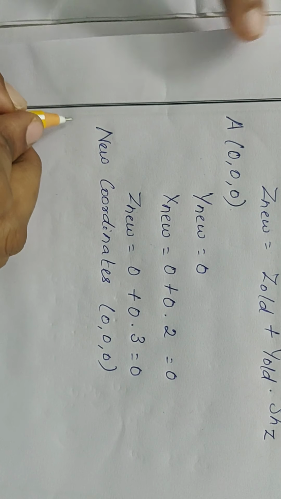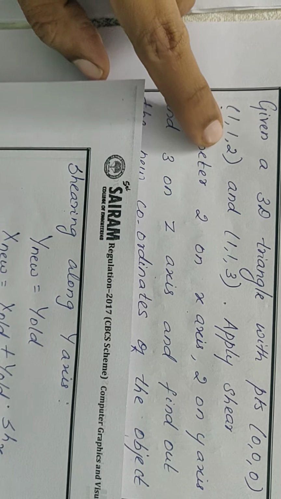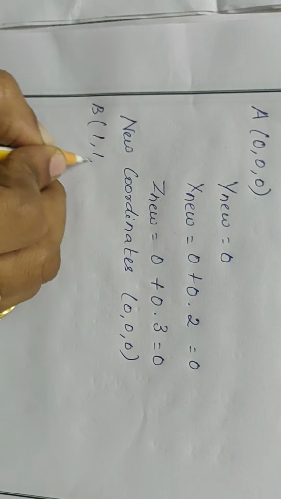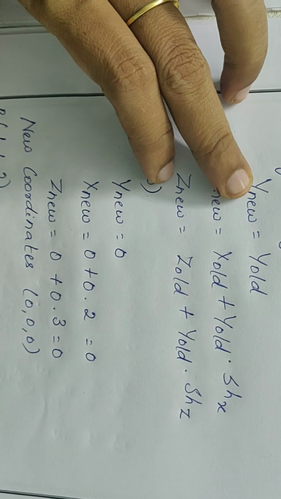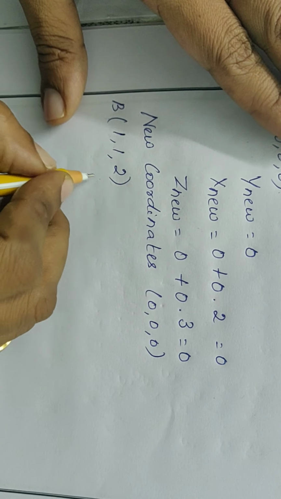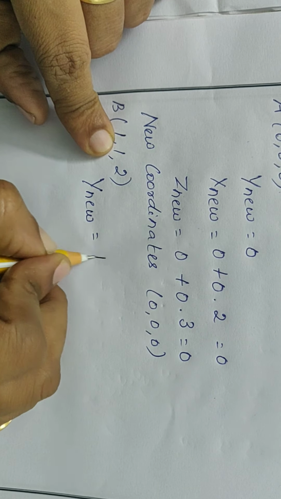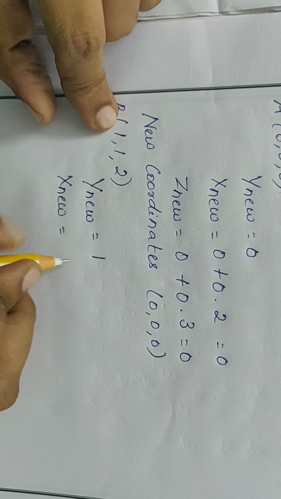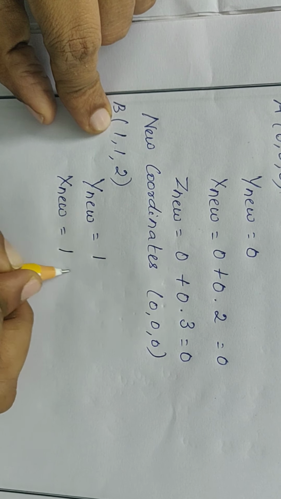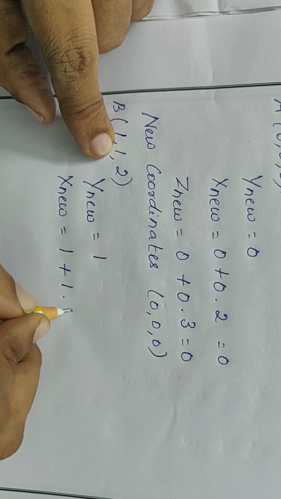The next endpoint is given in the question, it is 1, 1, 2. Right? What is my formula? Y new is equal to y old. Y old is 1. Next, x new is equal to x old, 1, plus y old, 1, into shear factor along x axis, it is 2.